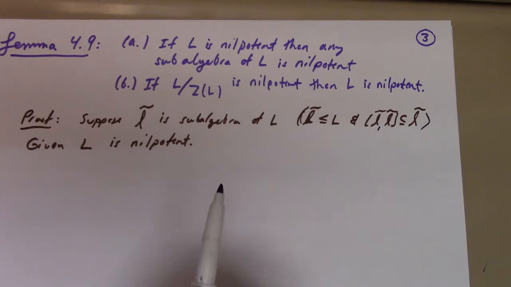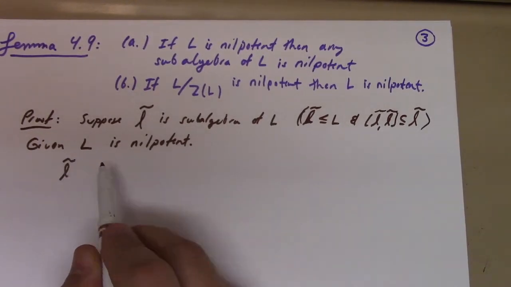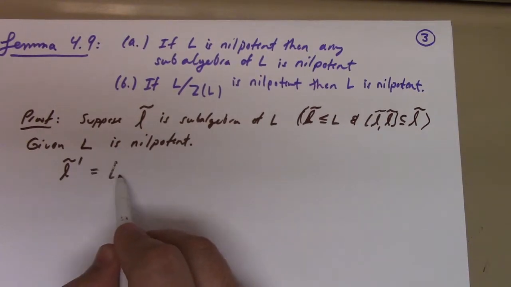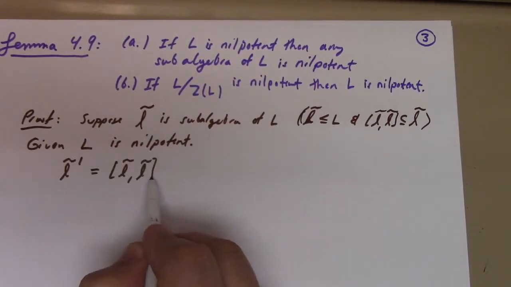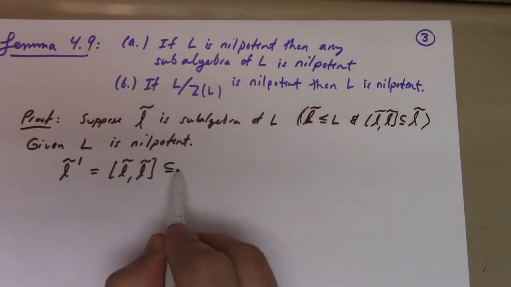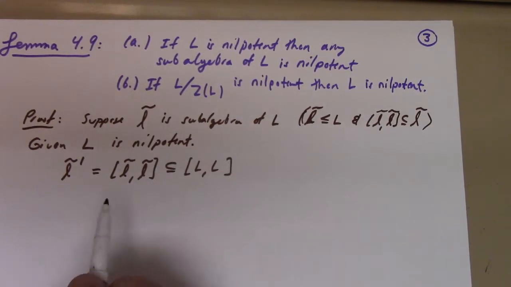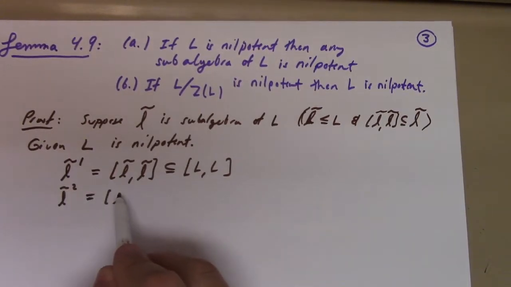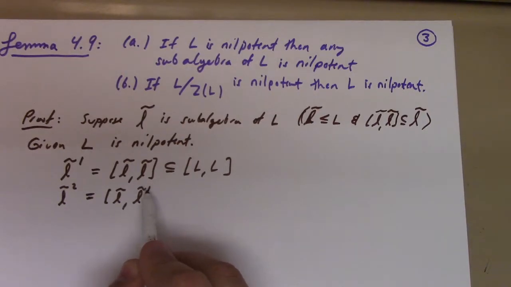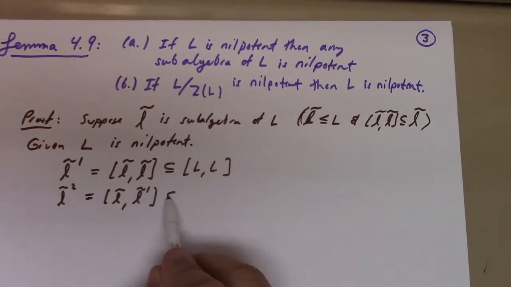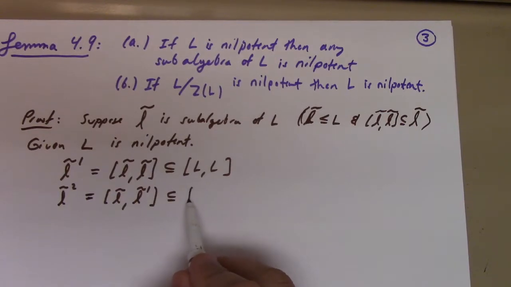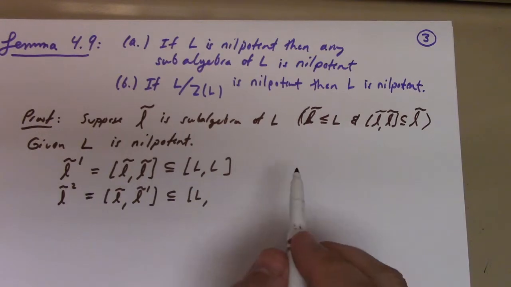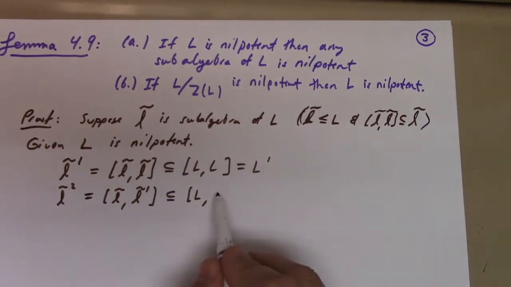So L tilde, what would L tilde 1 be? That would be the bracket of L tilde with L tilde, which of course is a subset of L1. L tilde 2 would be L tilde with L tilde 1, which would of course be a subset of L with L1, which is L2.